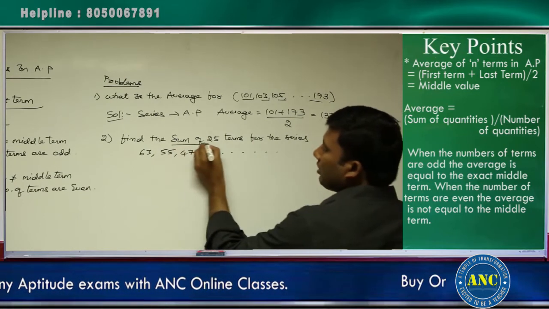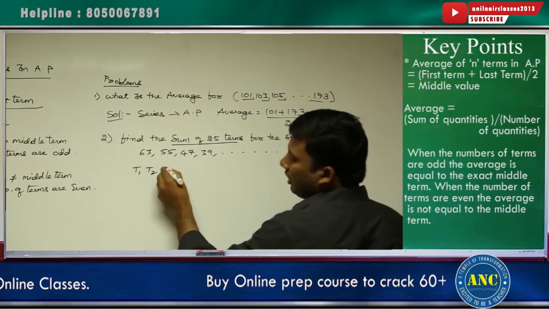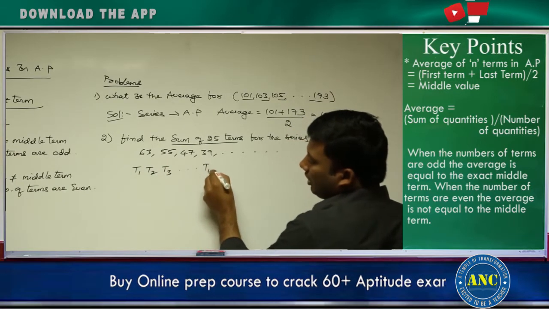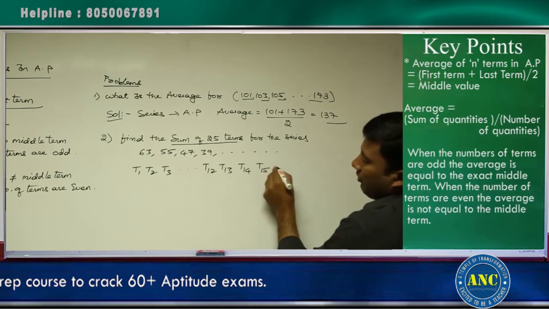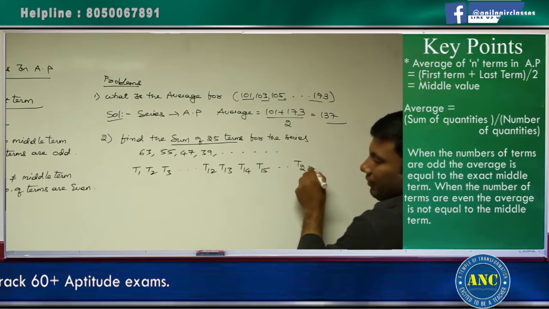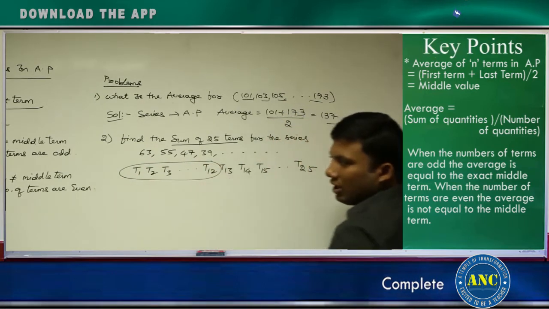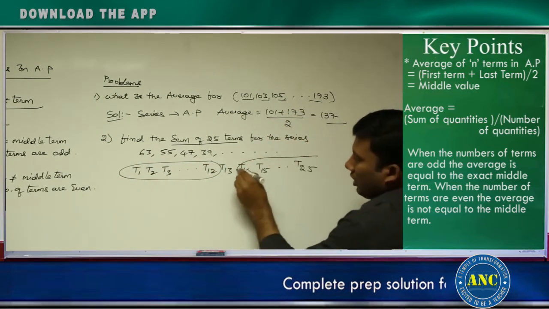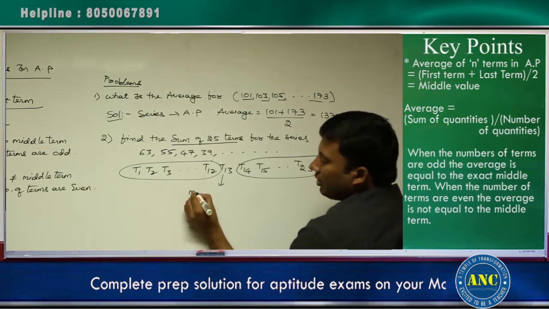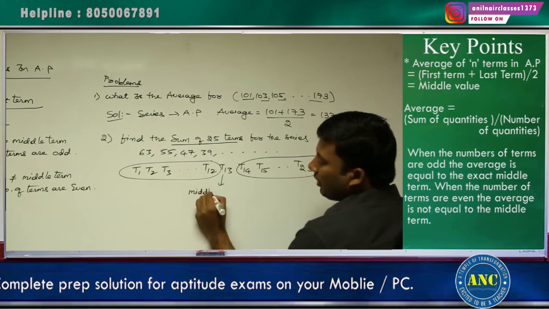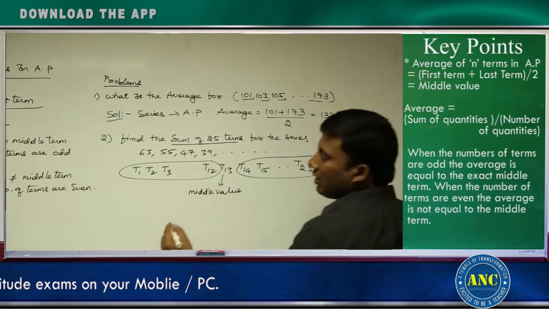The question is the sum of 25 terms. 25 terms will be T1, T2, T3 ... T12, T13, T14 ... till T25. 12 terms to the left, 12 terms to the right. Are you all with me? So what will be the middle value? T13 will be the middle value. Clear? So what is average?